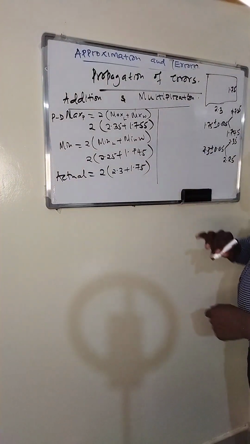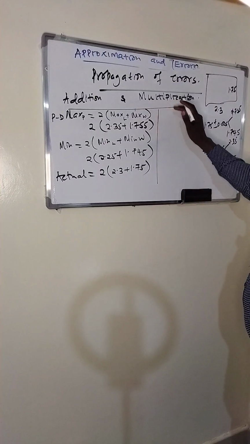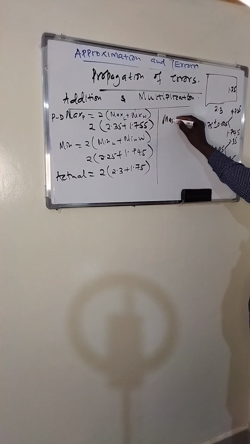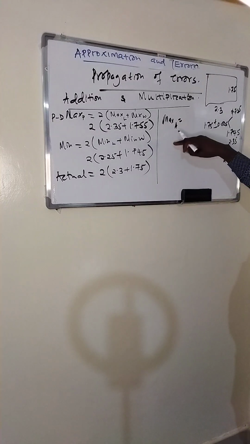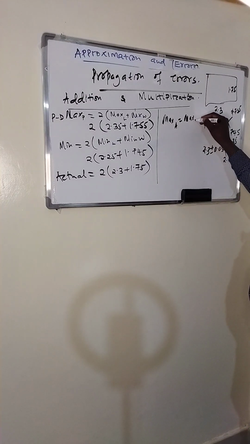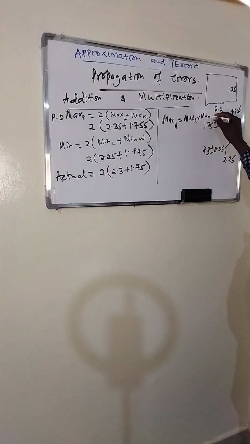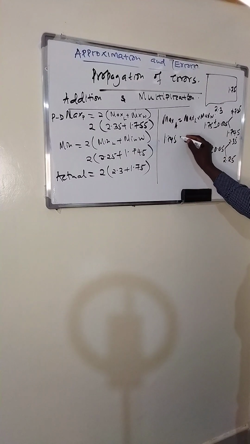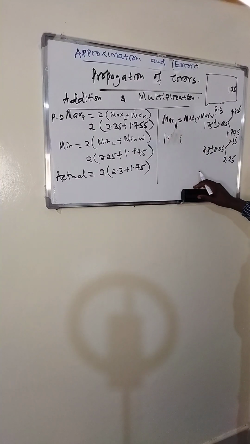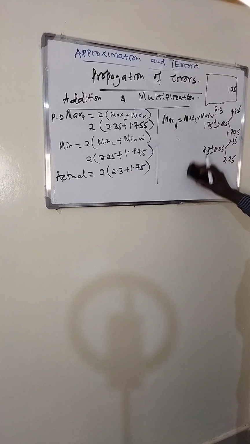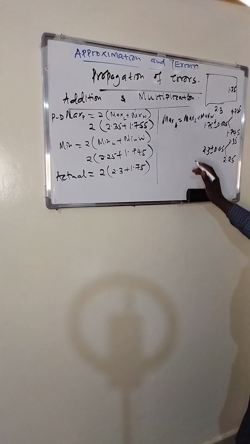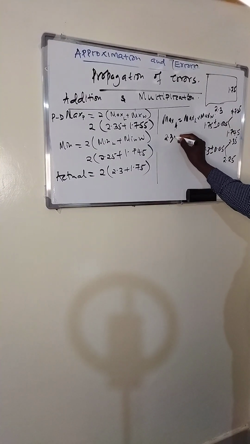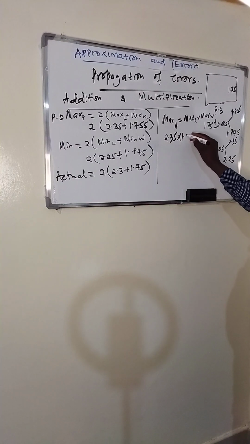For area, that is now multiplication. Maximum area is equal to maximum length times maximum width. So we start with the length actually, 2.35 times 1.755.